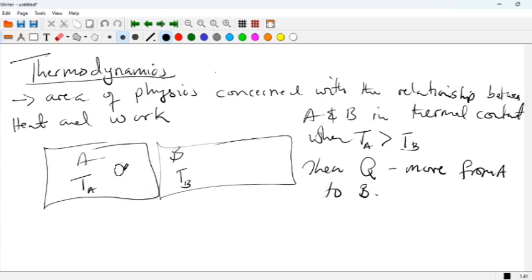There will be movement of heat from A towards B. This happens naturally. It's just the nature of how things happen.